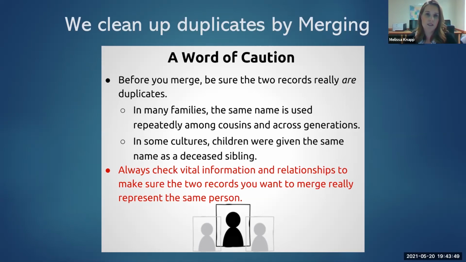So just because you see two children in a family with the same name doesn't necessarily mean that it's a duplicate. If there's not a death date for one, see if you can find a death date, because that might clarify. It might actually be siblings with the same name, or it might be duplicates. So you just really have to look at the records to see. We want to always check the vital information and relationships to make sure that they're really the same people before we merge. But if you see two people with the same name and the same birth dates and things like that, that's probably pretty certain that it's a duplicate.